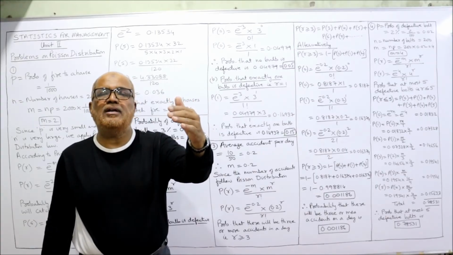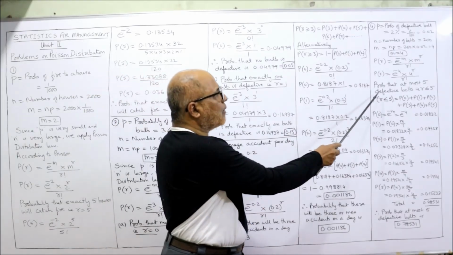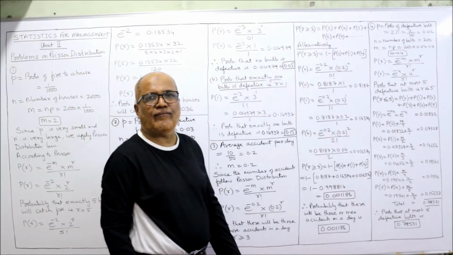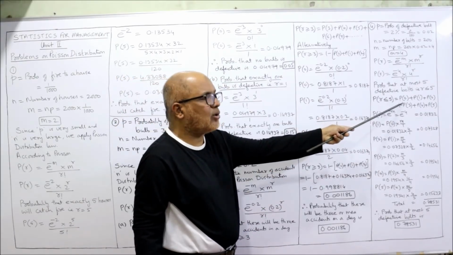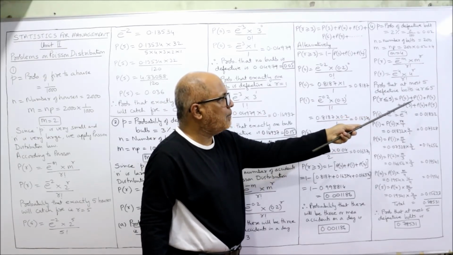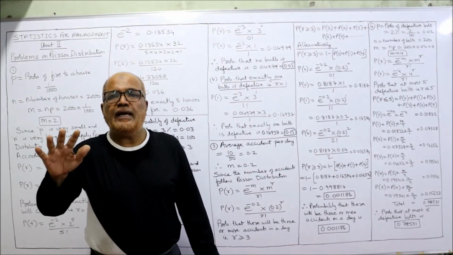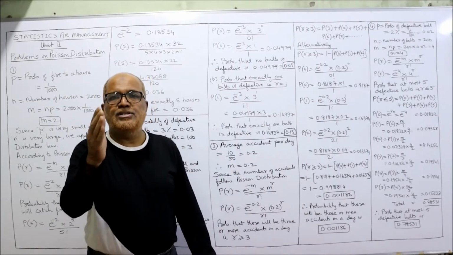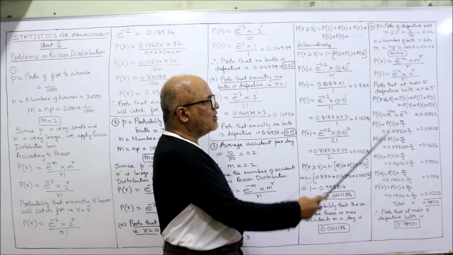So the probability of at most 5 defective bolts, that is r less than or equal to 5. So P of r less than or equal to 5 is equal to P of 0 plus P of 1 plus P of 2 plus P of 3 plus P of 4 plus P of 5. So totally 6 times we have to calculate the probability: 0, 1, 2, 3, 4, 5.